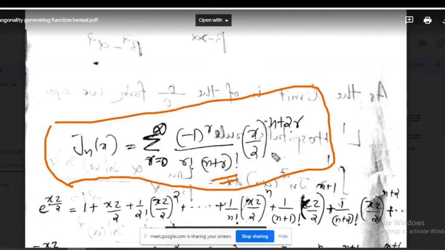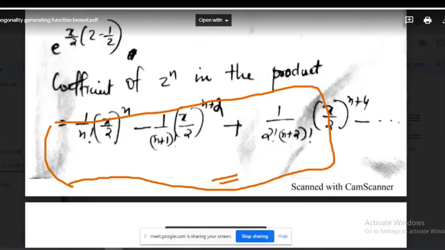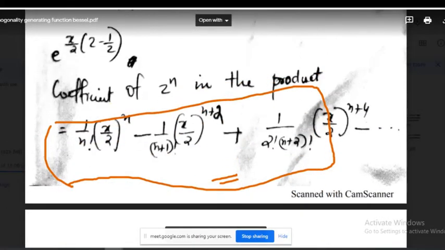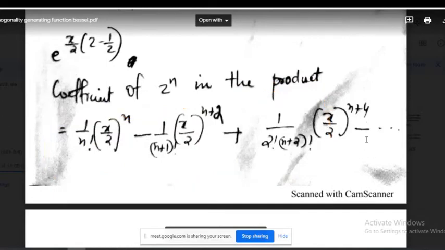The second term is minus 1 by n plus 1 factorial x by 2 to the power n plus 2. So what we have got here is exactly the Bessel function Jn of x.